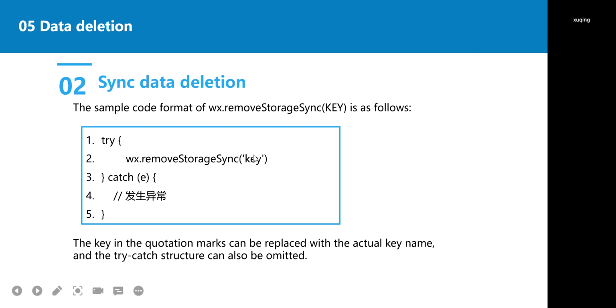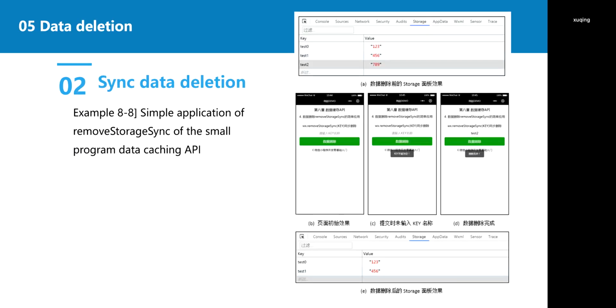The key in these quotation marks can be replaced with the actual key name, and this try catch structure can be omitted. Here we have an example, which is a simple application of removeStorageSync of the mini program data caching API. Okay, we'll do it quickly.